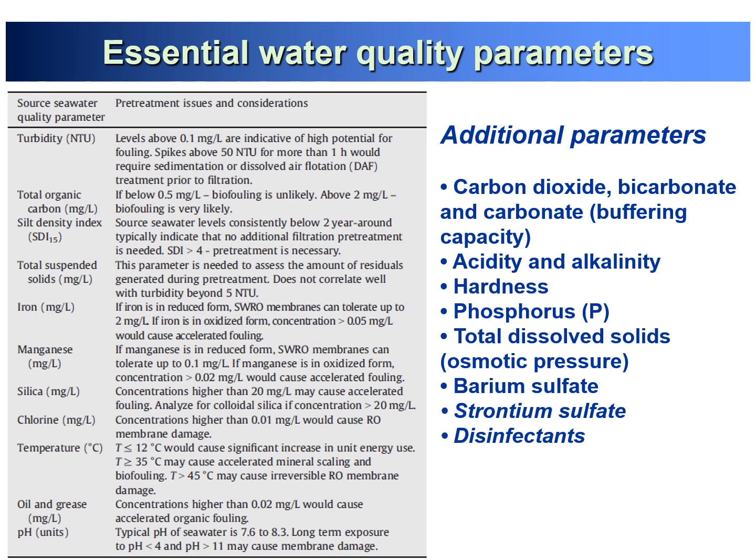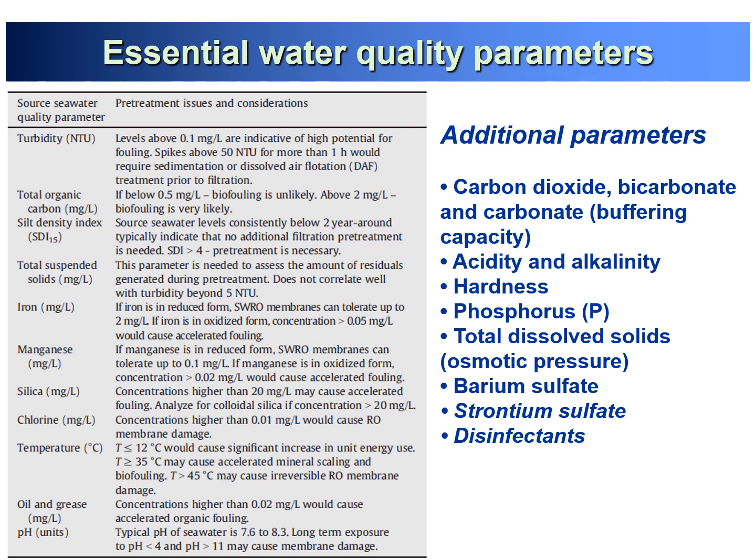And iron concentration is one of the essential parameters, because if iron is in reduced form, the seawater RO membrane can tolerate up to 2 mg per liter. If iron is in oxidized form, like iron oxide, Fe2O3, a concentration more than 0.05 mg per liter would cause accelerated fouling.